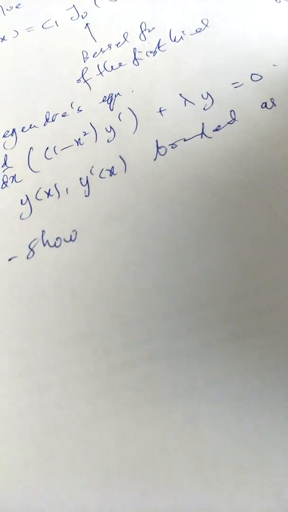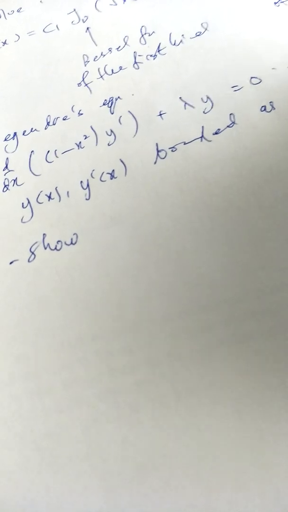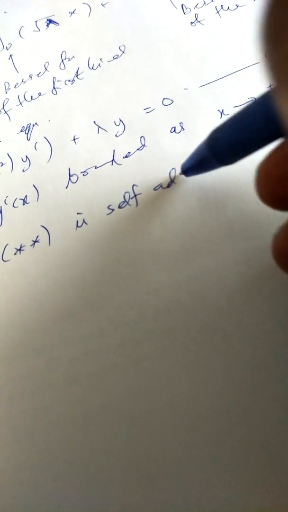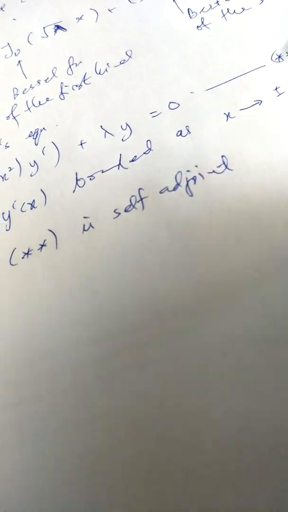Show that this equation, let's call it double star, is self-adjoint, and solve it.